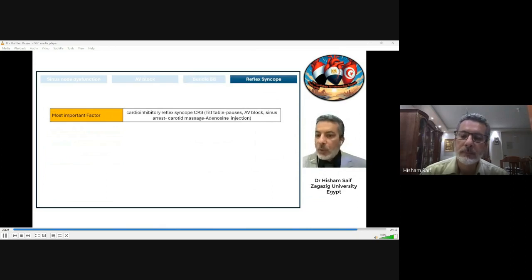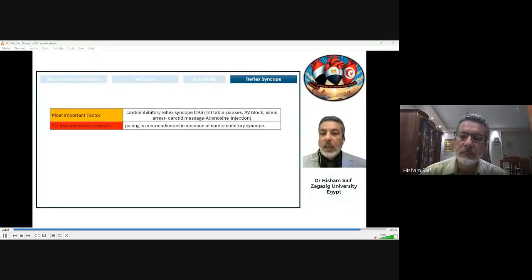That response could be recorded during head-up tilt table test, or during carotid sinus massage test, or Holter recording, or during pharmacological testing using adenosine. The contraindication of pacing under this condition is the lack of documentation of cardio-inhibitory syncope. That means clinical suspicion is not enough.